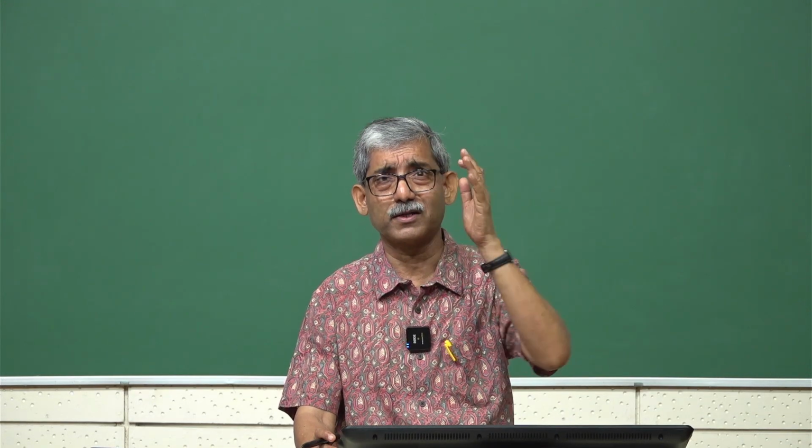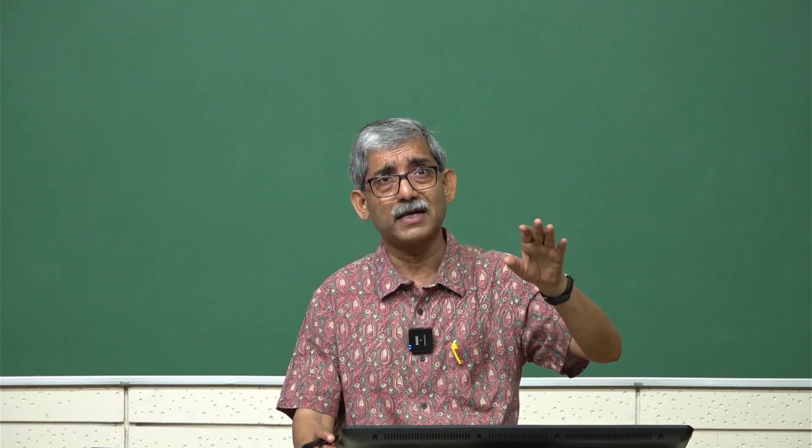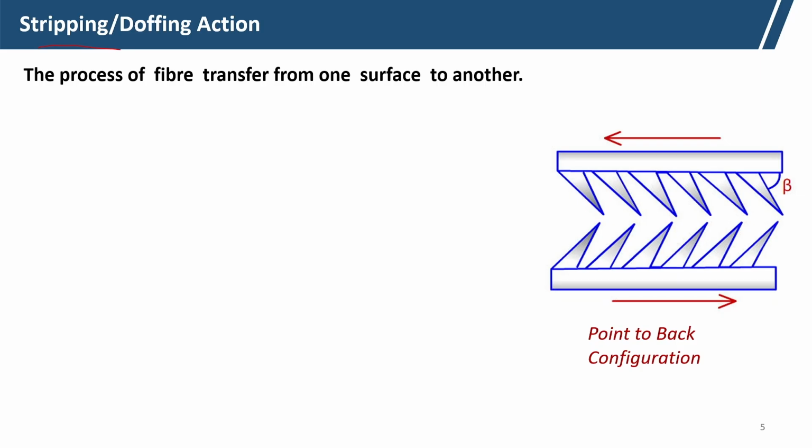Now, how does the fiber get transferred from one surface to another? The fiber has to be transferred from one surface to another, and that is called stripping action. In the stripping action, the direction is entirely different. It is called point to back configuration.